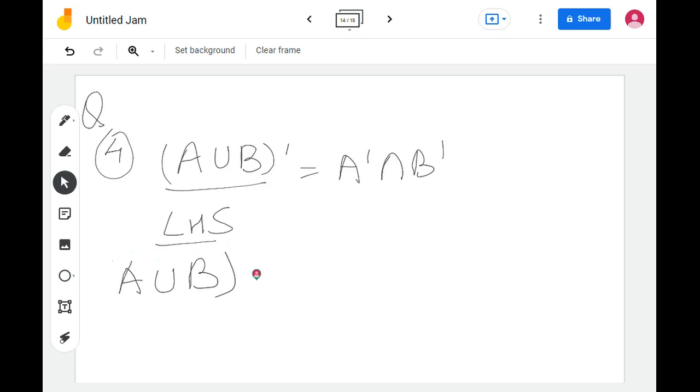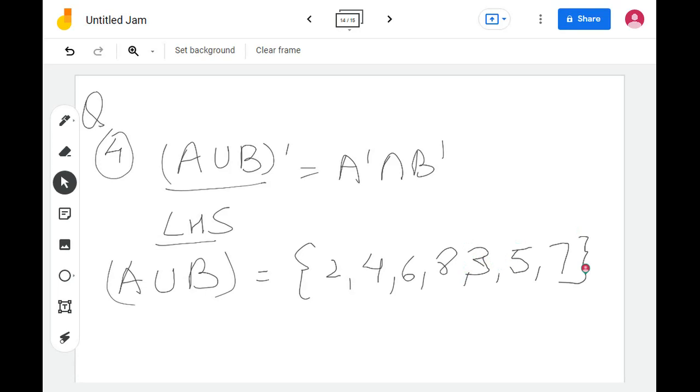So let us first find A union B. A union B is 2 4 6 8, 6 8, 2, 3, 6 8 5 and 7. This is the union. Write it serially: 2 3 4 5 6 7 8. Okay, this is A union B.